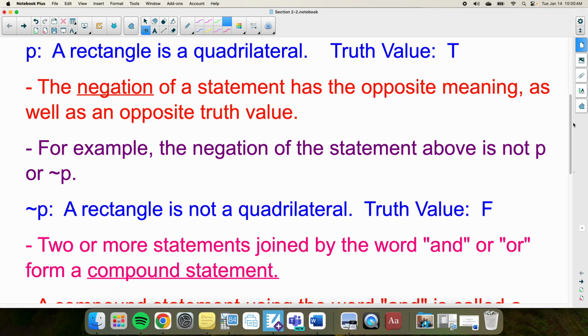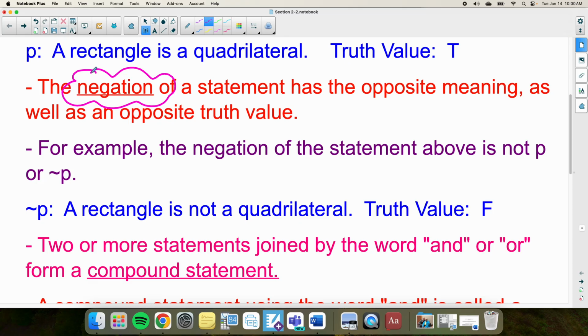Then there's something called the negation of a statement. The negation, what you're going to do is add the word not in it. So a true statement is Mrs. Botten has 3 kids. So if that was P, that would be true. If I negated that, it would be Mrs. Botten does not have 3 kids.